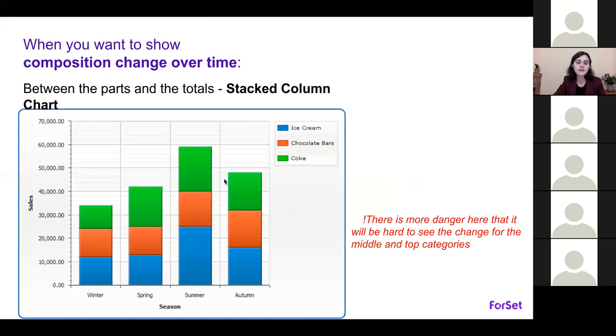But overall, it gives us background information, the distribution of different types of sweets per season, but overall we see the general trend of total amount of sweets sold per season.